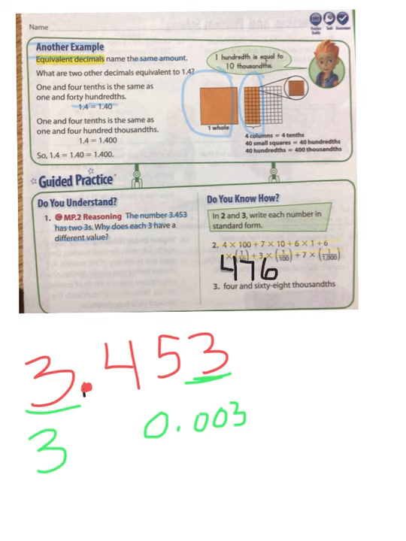So 476. Now we have 6 times 1/10, so decimal point 6, plus 3 times 1/100, plus 7 times 1/1,000. So we end up with 476 and 637 thousandths.